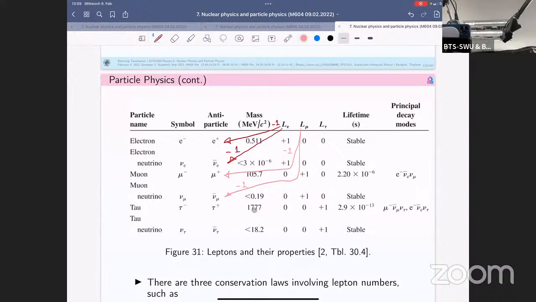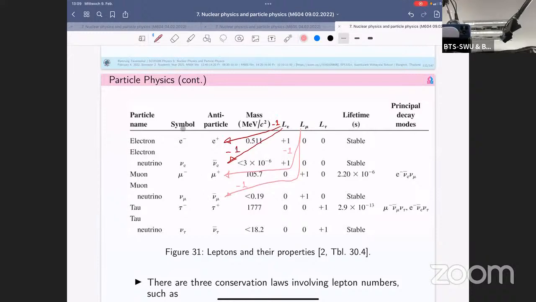The mass is very massive, almost 1.7, 1.6 greater than the muon, and it has 0 electron lepton number. Both have 0 electron lepton number. Both have 0 muon lepton number, but the tau lepton has +1 tau lepton number.